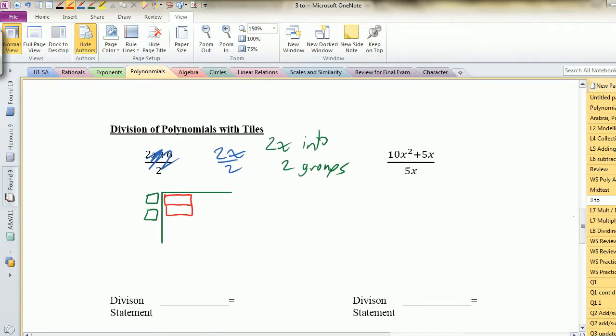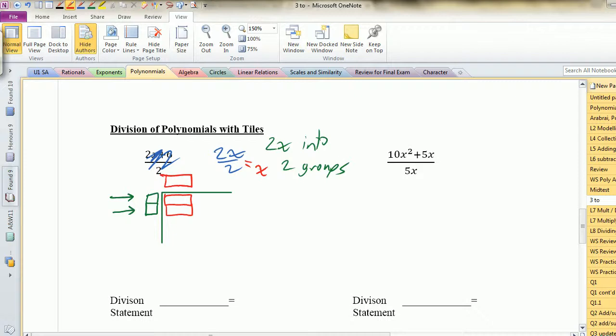The 1 tiles should be paired up side by side so that the widths match each other. And so what is our answer up top? What's the answer to 2x divided by 2? 1x. So this equals simply x. 2x divided by 2 equals x.